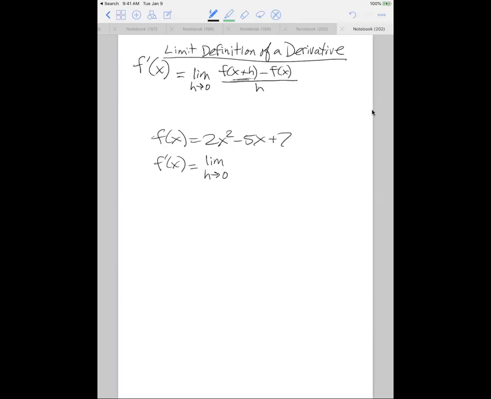It's equal to f of x plus h, which means I need to plug x plus h everywhere there's an x in the function. So what do I get? I get 2(x plus h) squared minus 5(x plus h) plus 7.